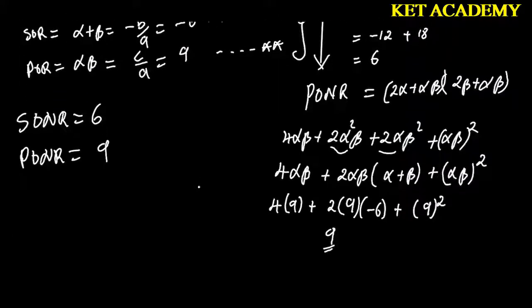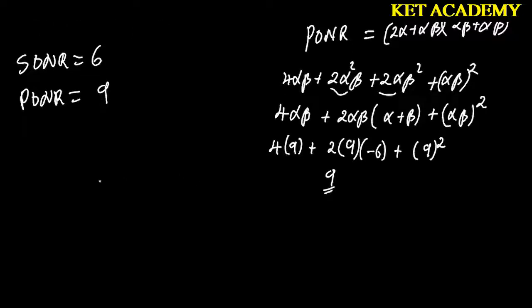Generally the formula is given by x squared minus sum of new roots times x plus product of new roots equal to 0.